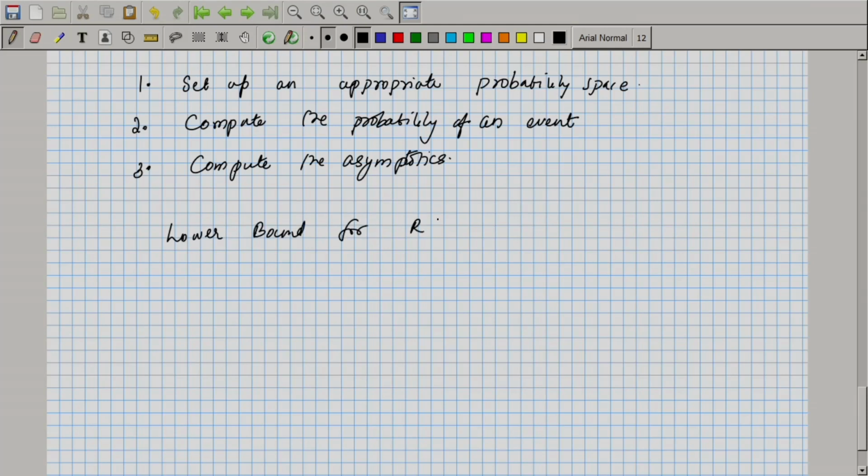So, in case we want to obtain lower bounds for the R(k,k) diagonal Ramsey number, the probability space is the following. Let us look at a graph on n vertices, and we will choose a coloring of it.